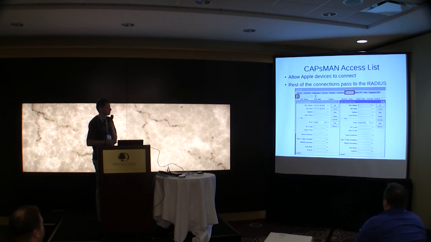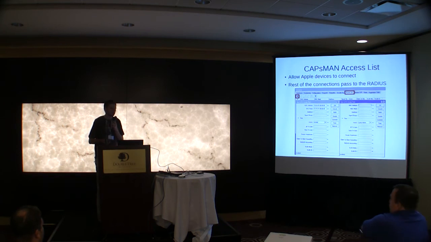It means any MAC address matching here will be able to connect. After we add this rule, we add another rule which covers any other client that is not Apple. It will query RADIUS. Then on the RADIUS server you check whether that client is in your MAC address list or not.